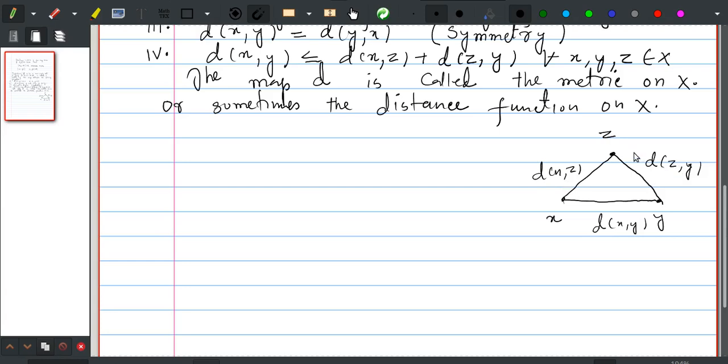And one can see in axiom 4 the less than or equal to sign here. These two distances will become equal if z lies on the line segment between x and y, suppose it is over here, then the distance from x to y is the same as the distance from x to z plus the distance from z to y.